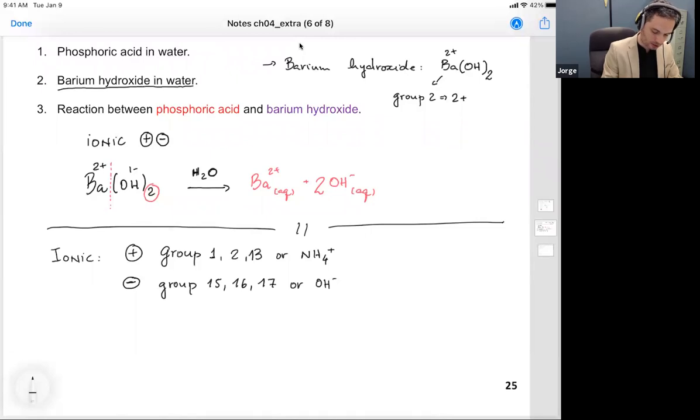So every time you see a compound that's formed by a combination of these two groups, this is going to be an ionic compound. Ionic compounds are usually salts, bases, or oxides.